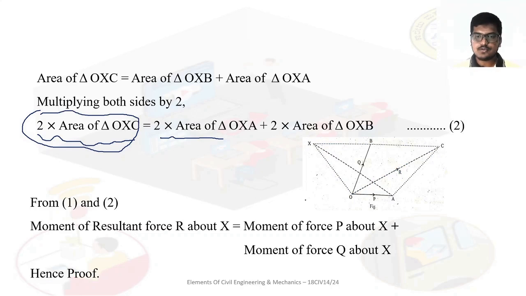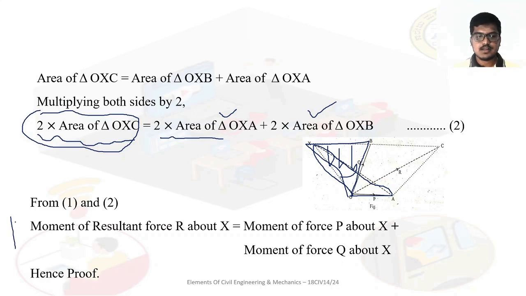So what we got? 2 into area of triangle OXC is equal to the individual forces. The moment of P about x axis is what? 2 into area of triangle OAX, correct, plus 2 into area of triangle OXB, this triangle, correct. So hence from 1 and 2, the moment of resultant force R about x is equal to the moment of force P about x plus the moment of force Q about x.